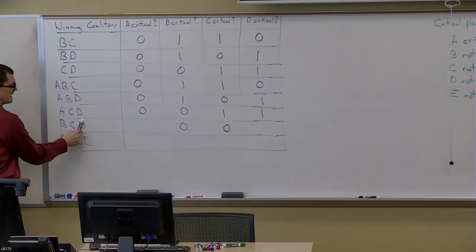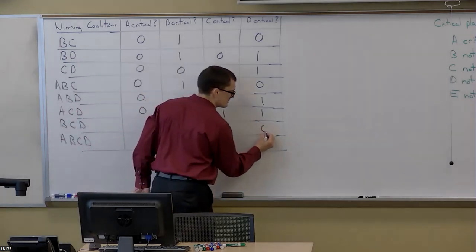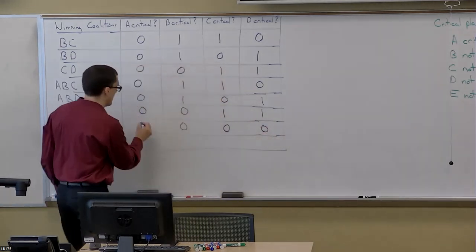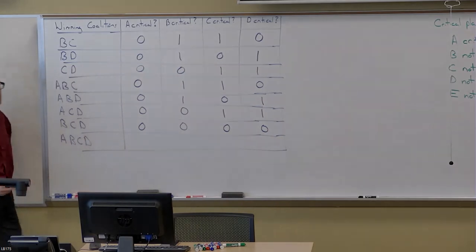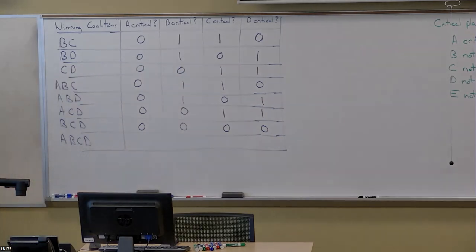If I drop D, B still wins. D was not important there as well. And A is obviously not even in that coalition. So notice in this winning coalition, there are no critical players. You can drop any one of them and still win.